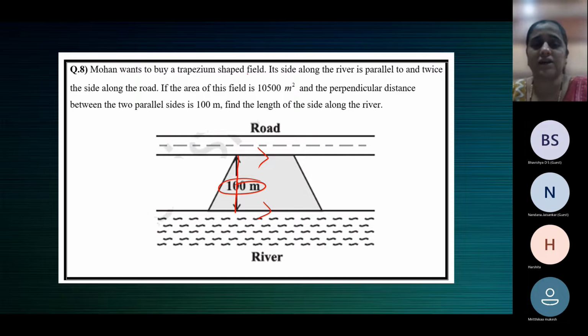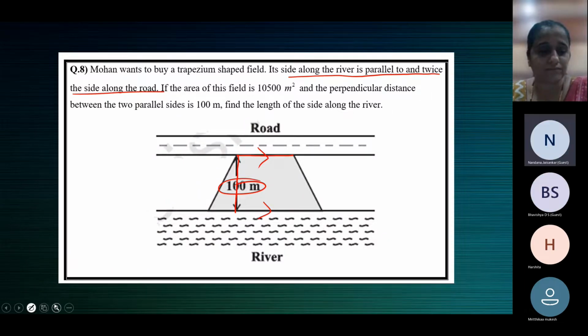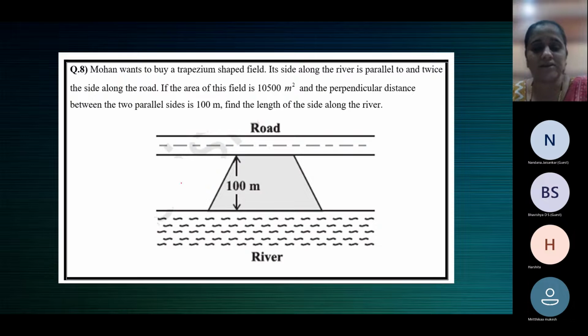See here, it's given that its side along the river is parallel to and twice the side along the road. So this is the side along the road. This is the trapezium shaped field. You can see that one side of the field.